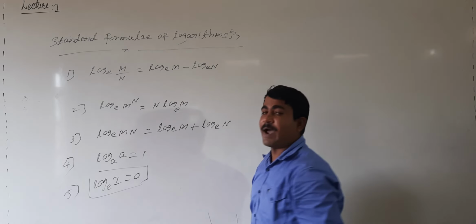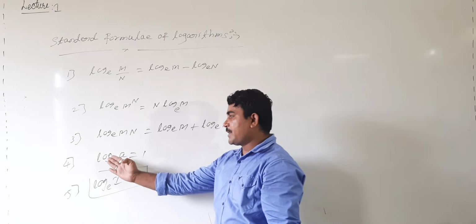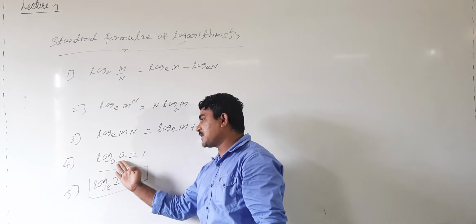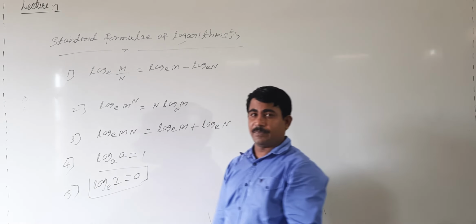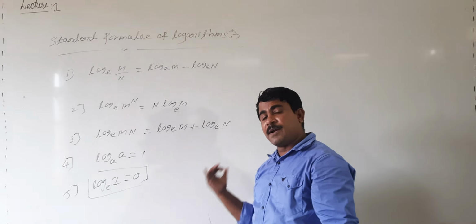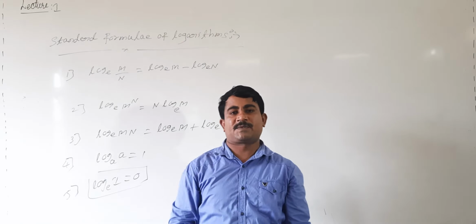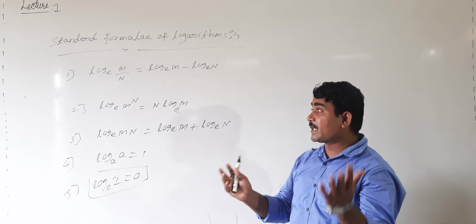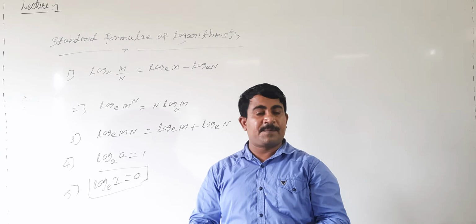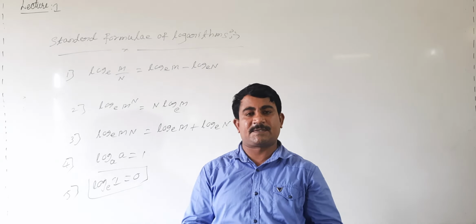This is one more formula. Value actually is logarithm of a to the base a equal to 1, logarithm of 1 to the base e equal to 0. These are some standard formulas we need for logarithms, and we need them also in physics in upcoming chapters. So let us see some basic concepts concerned to mathematics in the next class. Thank you.